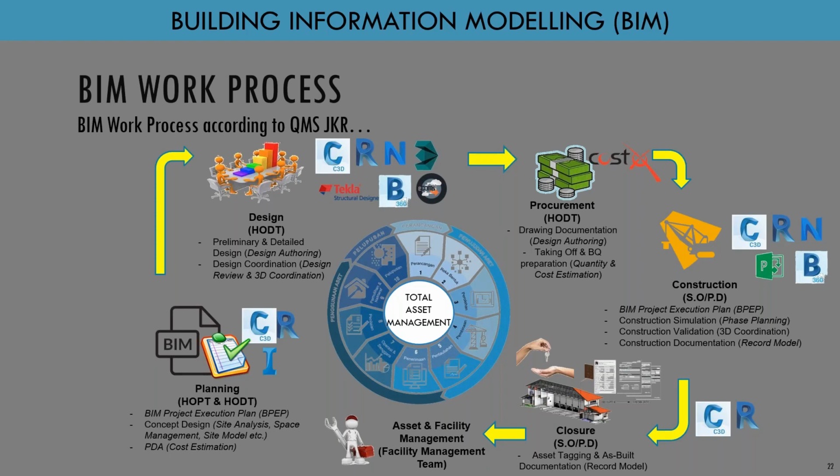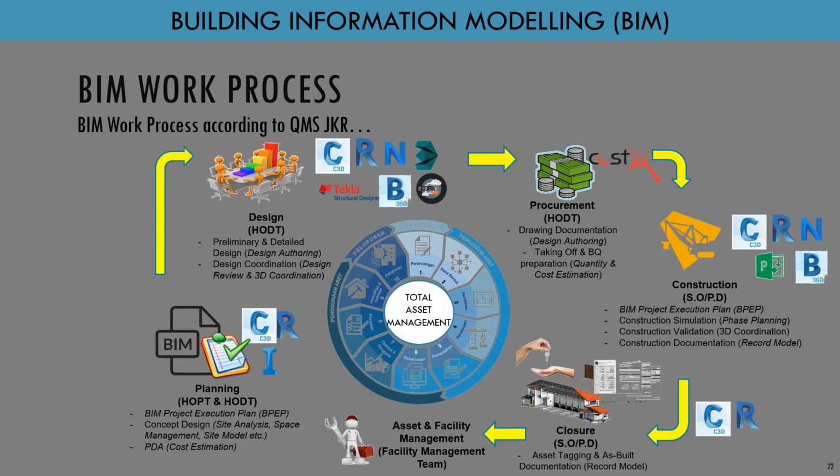The HODT will continue the design for the preliminary design and detailed design. We call it design authoring. And then when all the models are complete, we do the design coordination. The design coordination will be the design review and 3D coordination. And then we go for the procurement, drawing documentation. We generate the drawings from the models.